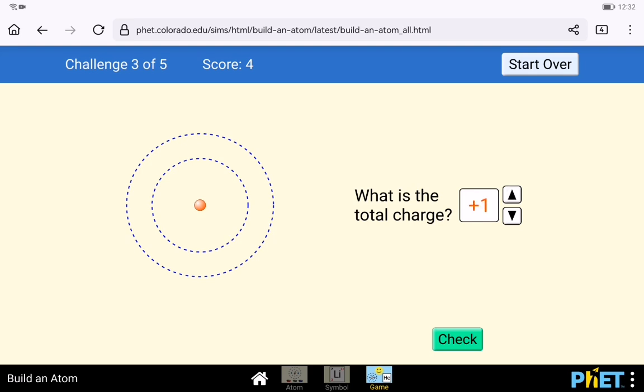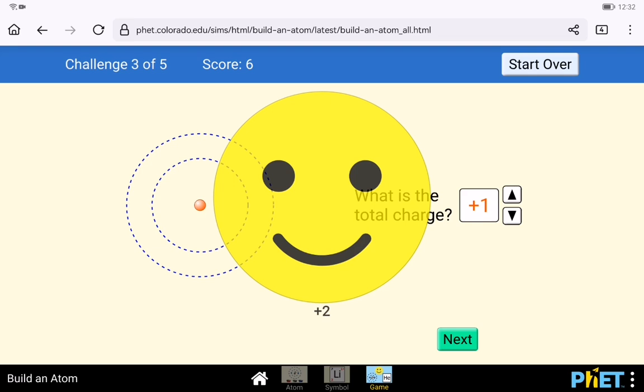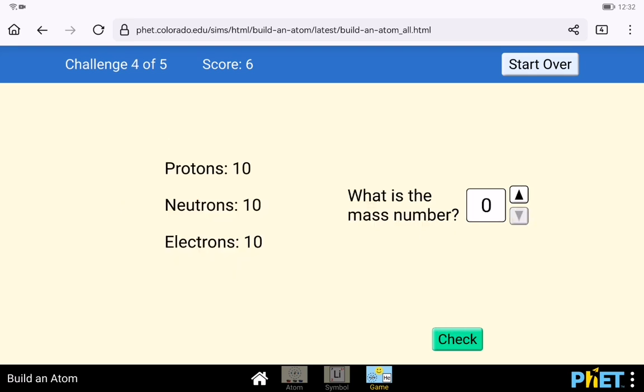So we say a positive 1. There was a loss of an electron. Again, the other way you can compare is if the proton number is equal to the electron number, then you know that there was neither gaining nor losing. But in this case, there is no blue, meaning there is no electron, so there was a loss. A loss of 1 means positive 1, and that is correct.